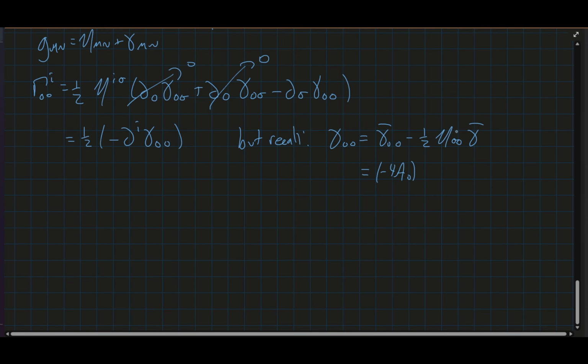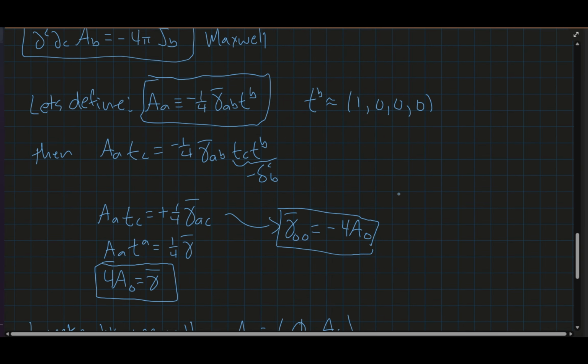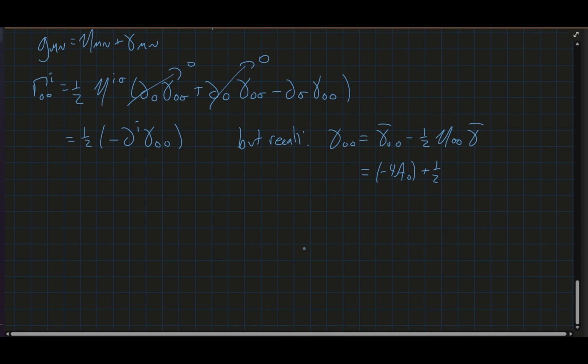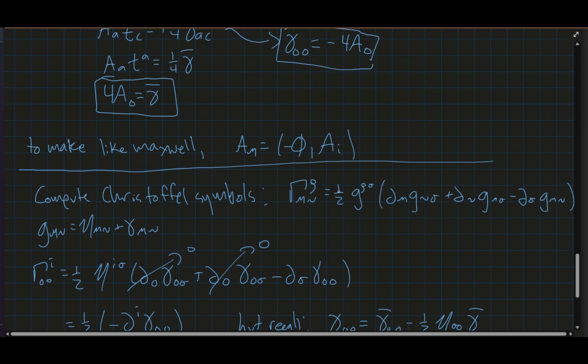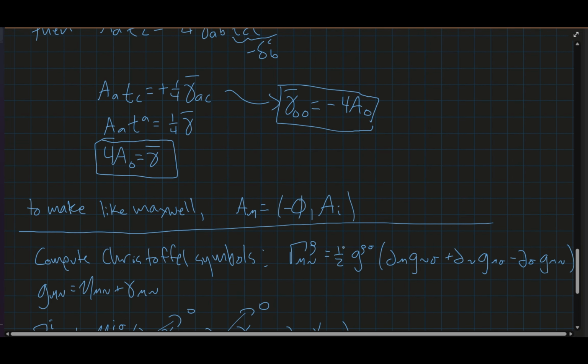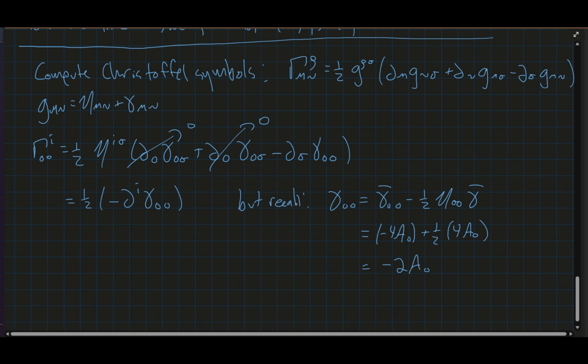So then the minus sign from the eta is going to come up front here. We get a plus 1/2 gamma bar, but we also know gamma bar in terms of a naught. Gamma bar is just 4a naught. So we can also plug this in, and we end up with minus 2a naught. And if we look at A one more time, remember that a0 is simply minus phi.